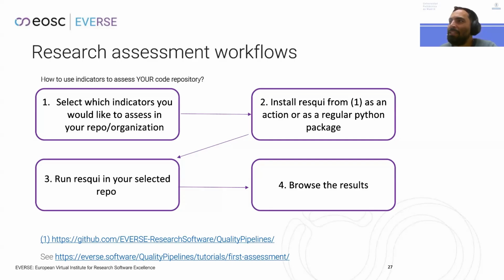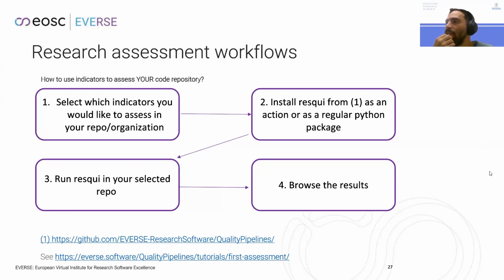So the first conversation that anyone aiming to adopt this framework should have is just sitting down and seeing what is the list of things that we think are important to have for our domain. Then we have a tool called RSQKit for the research software quality pipelines. You can install it or place it as an action in your GitHub repository, configure it with the indicators that you have selected, run it, and then browse the results. So, very simple, 4 steps.